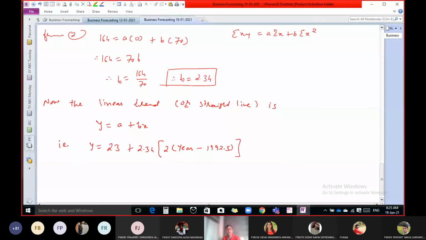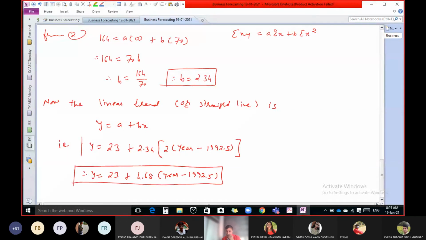So you can write like this, or 2 into 2.34, that is 4.68 times year minus 1992.5. Both are valid. Either you can write this as your final answer or this as your final answer.